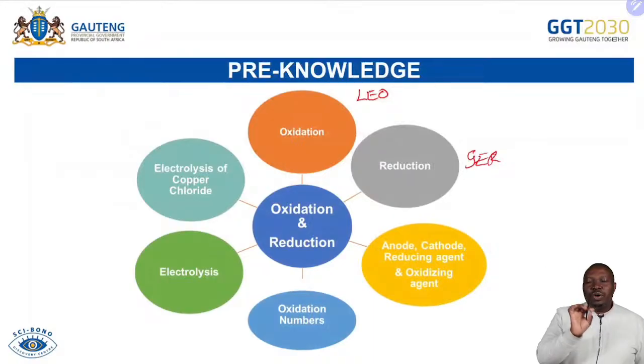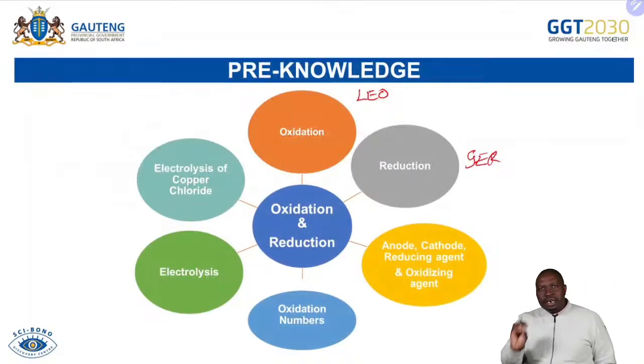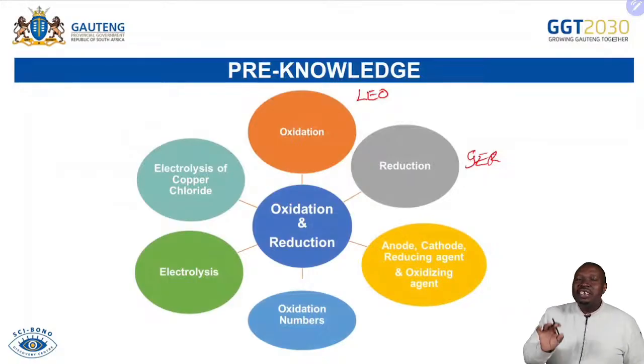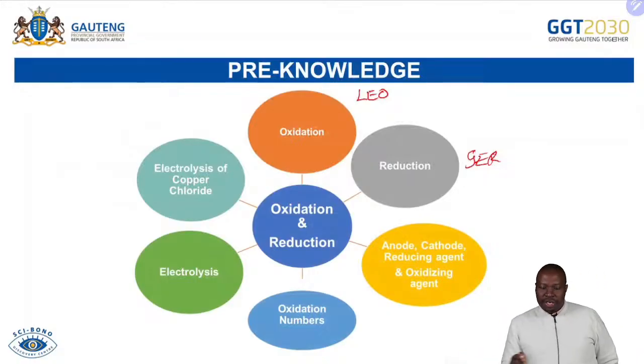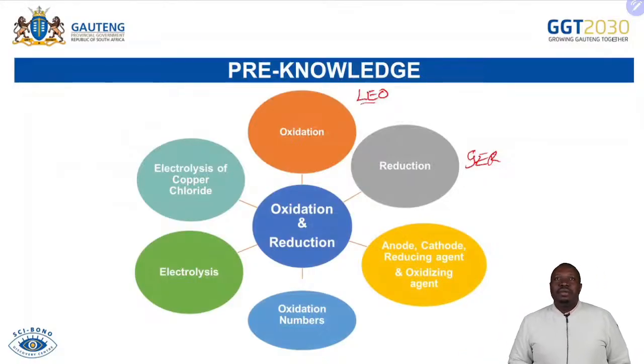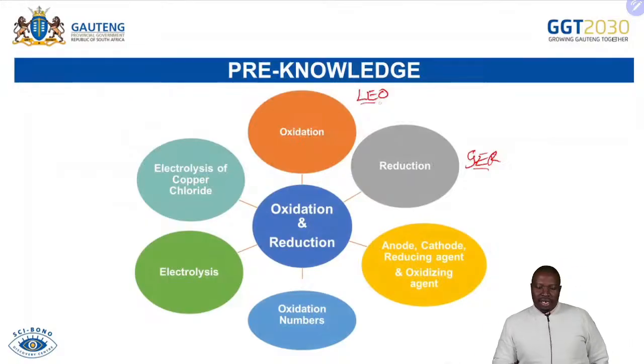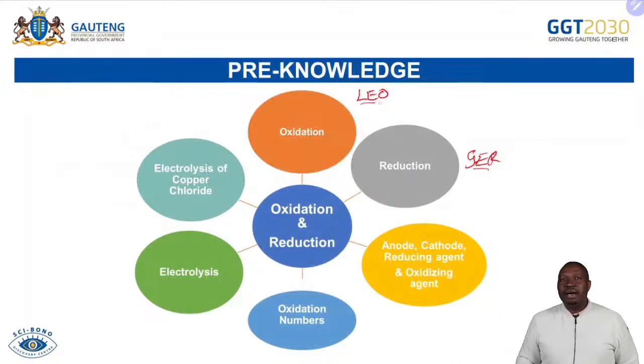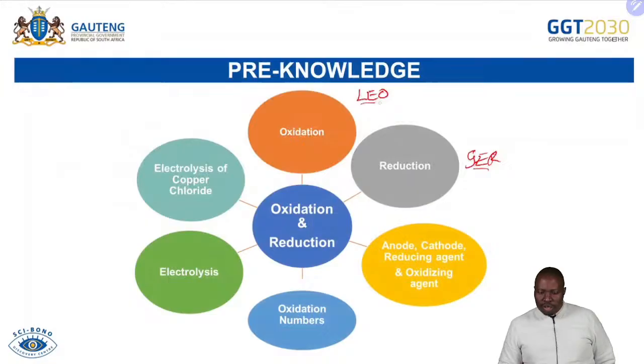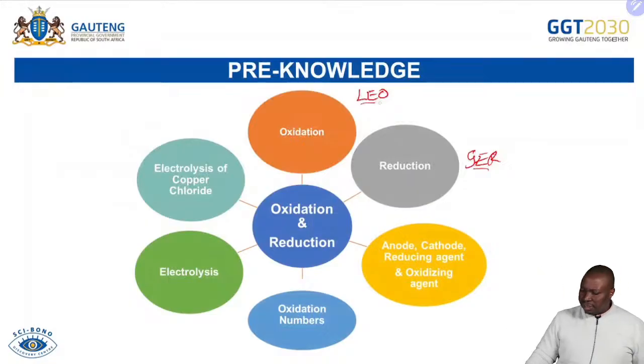But remember, I said when you define oxidation and reduction, it will depend. In terms of electron transfer, you say loss of electrons, gaining of electrons. But in terms of oxidation numbers, oxidation is an increase in oxidation number, and reduction is a decrease in oxidation number. So you know how to define oxidation and reduction.